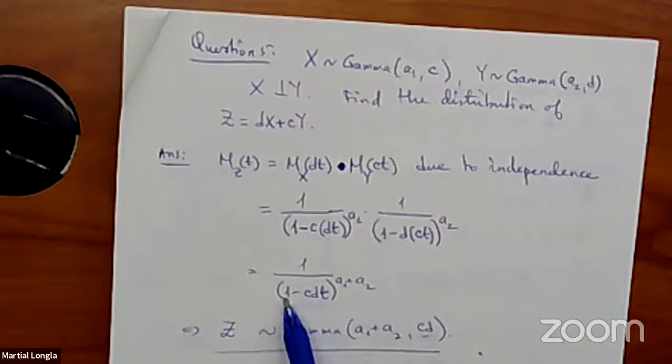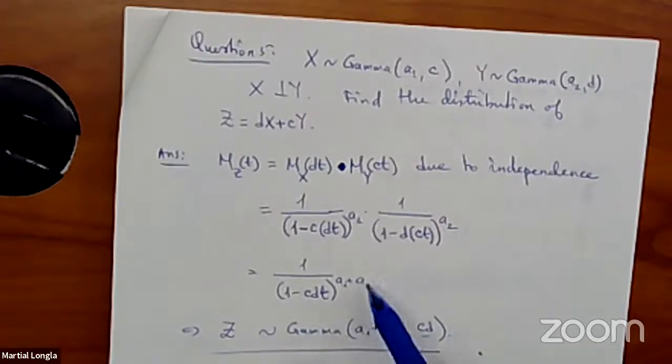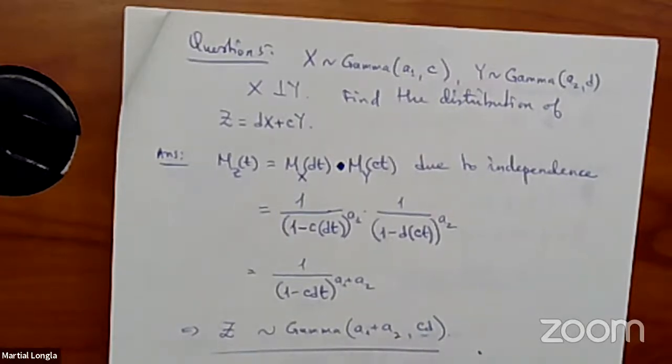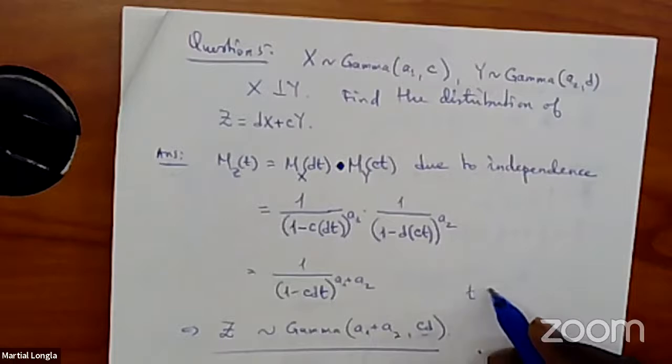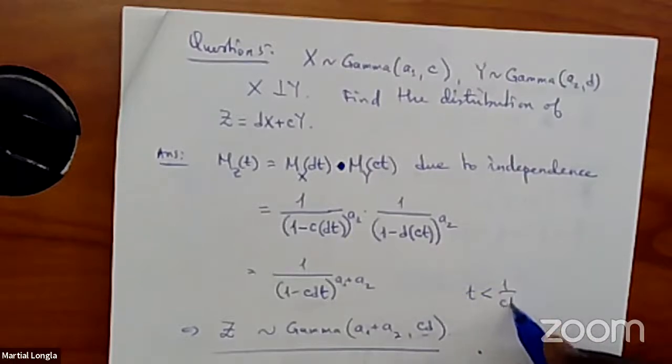So it's 1 over 1 minus c dt to the power a1 plus a2, and you can see that this is also the moment generating function of gamma a1 plus a2 and cd. And one thing that I saw people having issues with is here, if you are to put the conditions, it's t less than 1 over cd, not minimum of cd or maximum of cd, whatever.